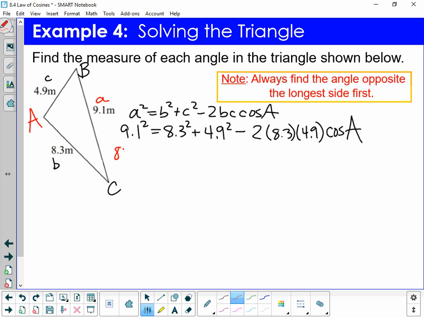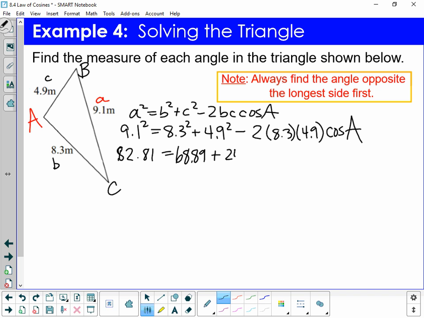9.1 squared is 82.81. 8.3 squared is 68.89. And we want to add 4.9 squared.